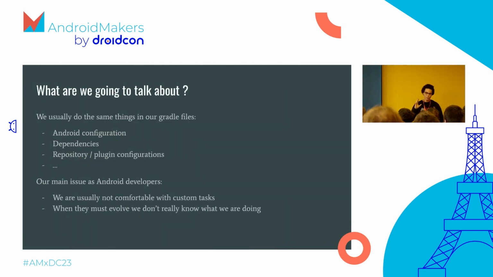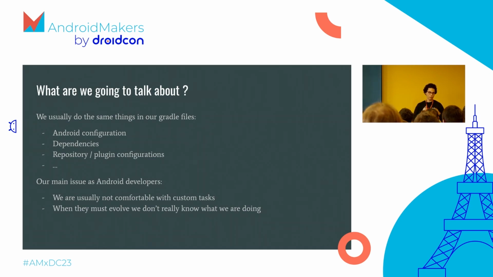Okay, so what are we really going to talk about today? As Android developers, when we manipulate Gradle files, it's usually to do the same things: to configure a plugin, to configure the project, and to configure the dependencies, and of course the repositories to access such dependencies. One of the main issues we have is that we don't like to manipulate Gradle tasks.